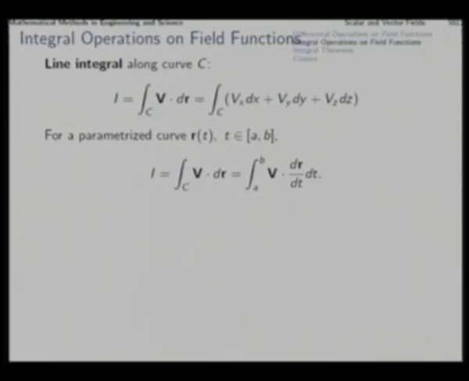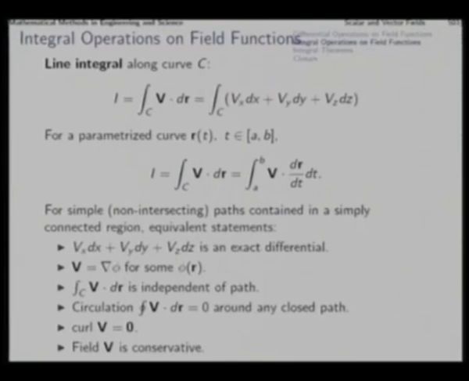So, if the curve is parameterized over an interval a to b for t, then this line integral reduces to an ordinary definite integral from t equal to a to b. So, v dot dr becomes v dot dr by dt into dt. So, v dot dr by dt turns out to be a function of t, which you can integrate from t equal to a to b.